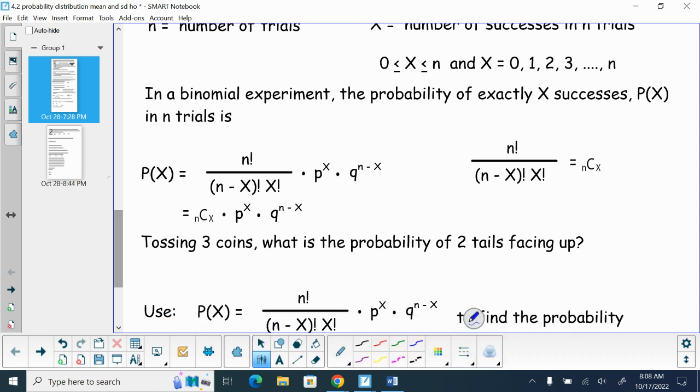All right, to simplify this a little bit. In NCX, N is the number of trials, and X is your number of successes. P is the probability of success, and X is the number of successes.